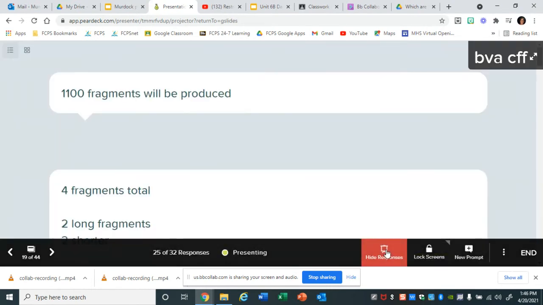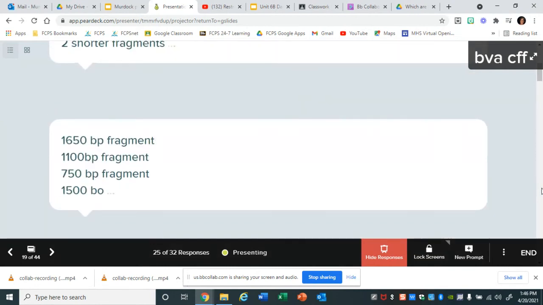Okay, see how you are doing here? Okay, so no, you won't get that many fragments, but you will get fragments of different lengths.